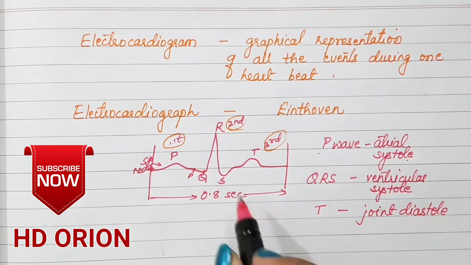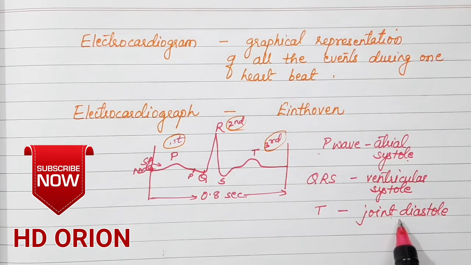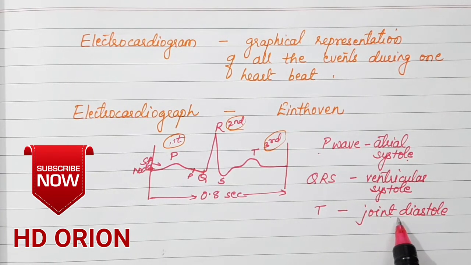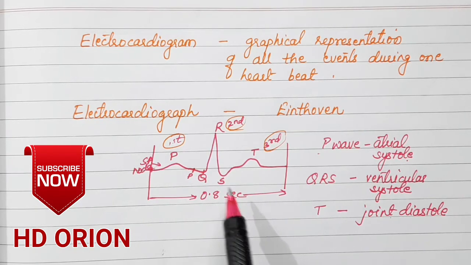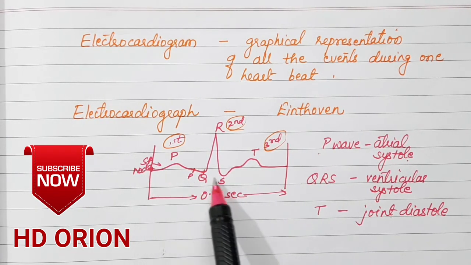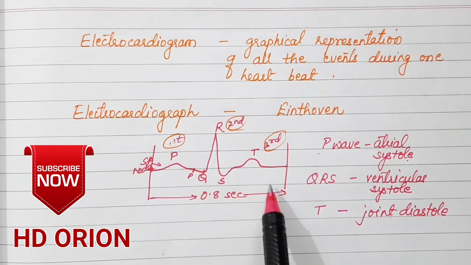So each wave represents the different events that take place during the cardiac cycle, and during one cardiac cycle there is the systole and the diastole, which constitutes the heartbeat. So this is the representation of the electrocardiogram, that is the ECG. This is the ECG of a normal person.